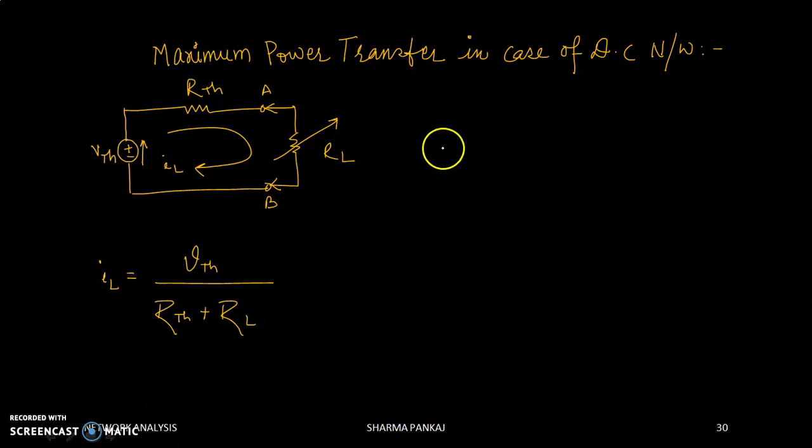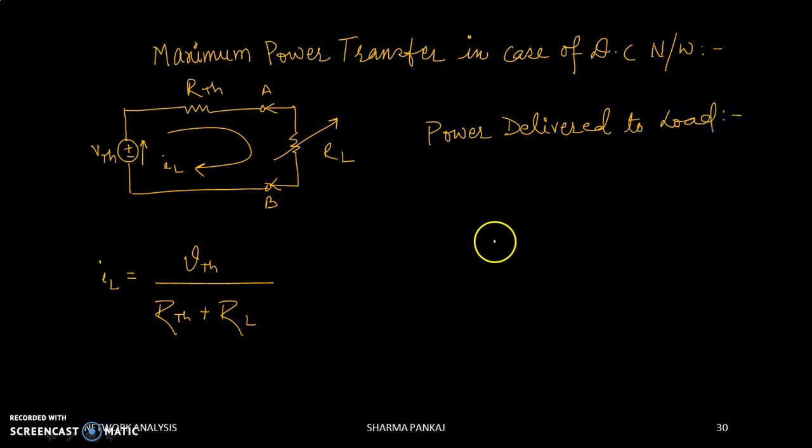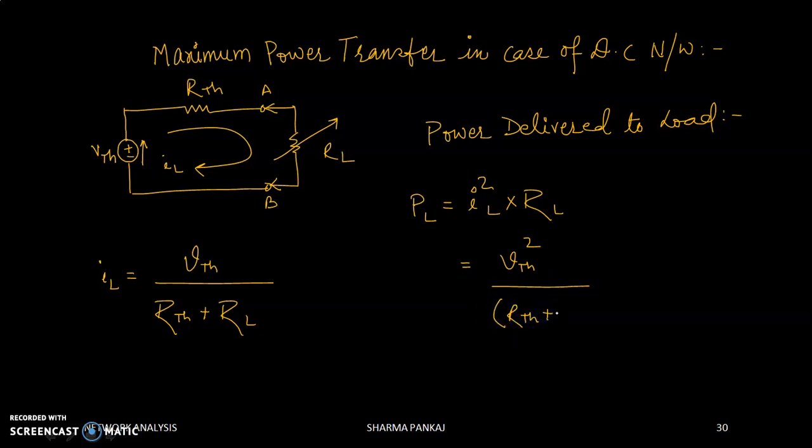Now, let us write the power delivered to load, that is PL is equal to IL square into RL, which is equal to VTH square upon RTH plus RL whole square into RL.